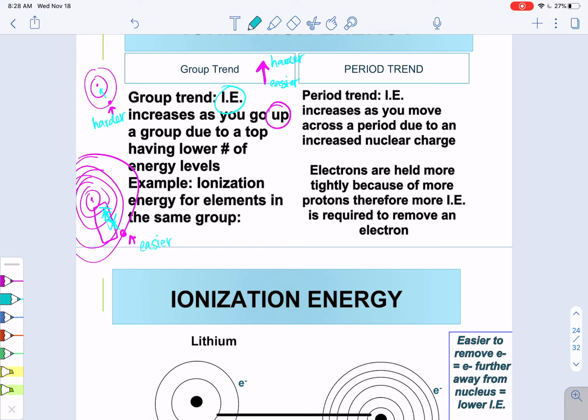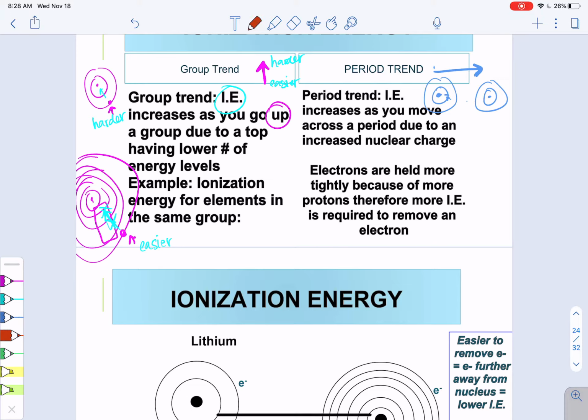So the period trend increases as you go across a period, so that means that it's going to increase as you go from the left to the right, because as you go across, the nucleus does pull tighter. So as we go across, we're comparing something with 2 energy levels to 2 energy levels. And so they have the same shielding effect and they have the same distance, but the ones on the left side don't have as many protons pulling as the ones on the right.